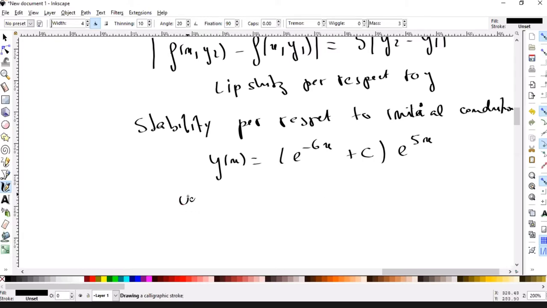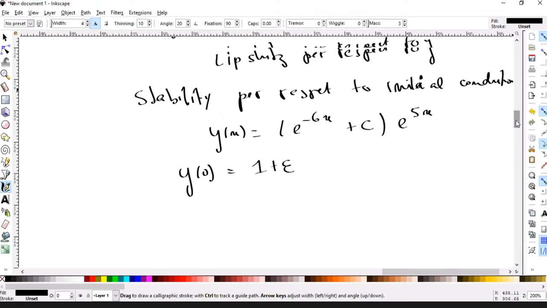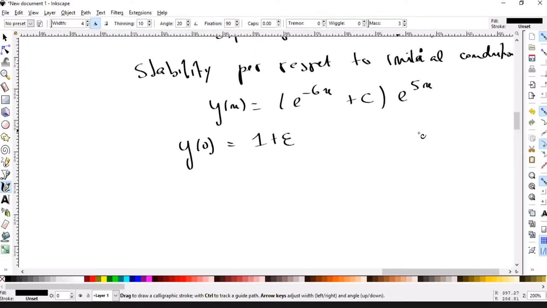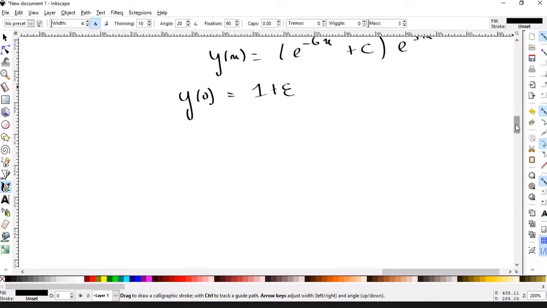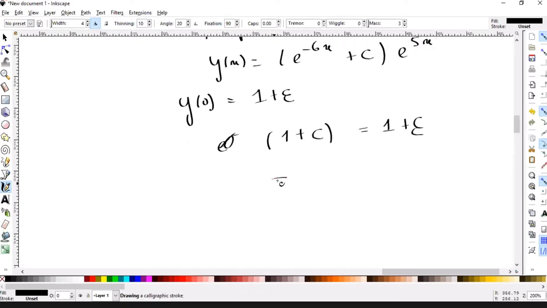But now if we have y of 0 equal to 1 plus epsilon, where epsilon is some round-off error due to the floating number representation in the computer, then exponential minus 1 plus c, multiplied by 1, is equal to 1 plus epsilon. So c is equal to epsilon.